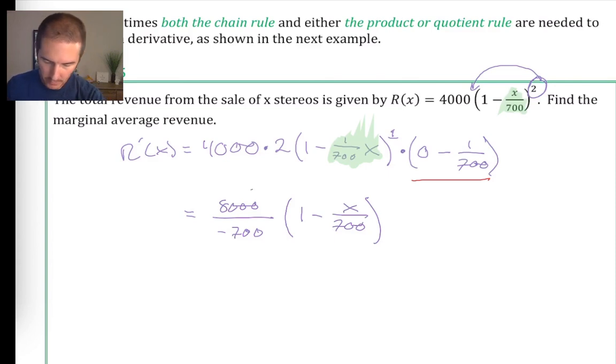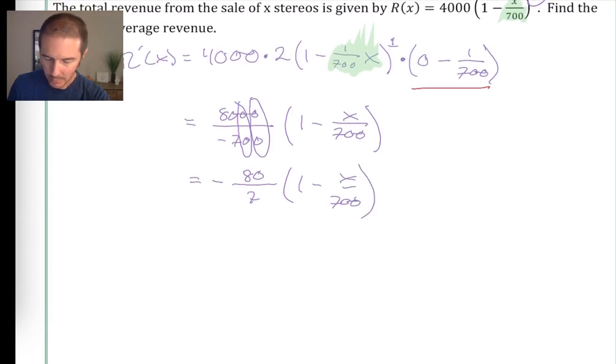And I would say let's go in here and do a little reducing and write our final answer maybe as negative 80 over 7 times 1 minus x over 700. You know, we could keep going further and further with this to try to clean it up. Let's go one more step.